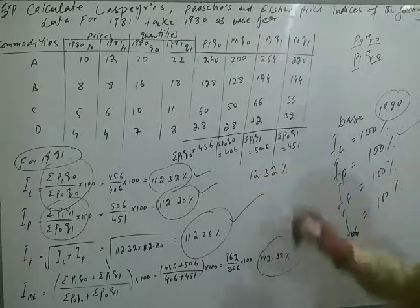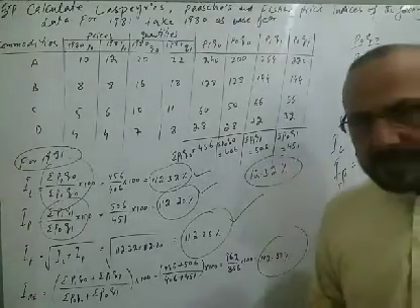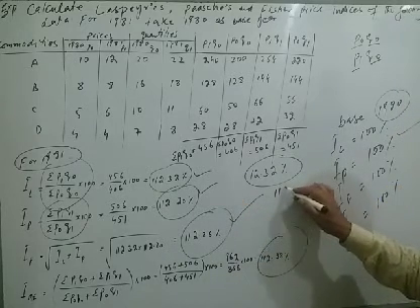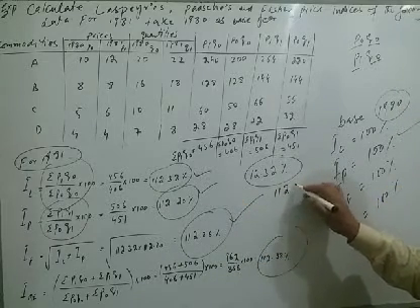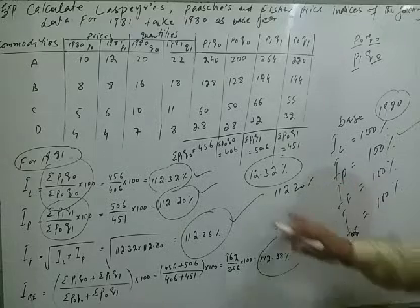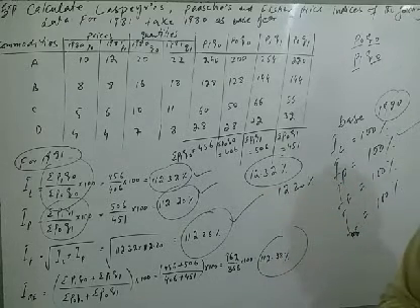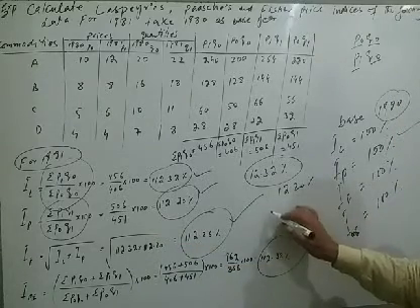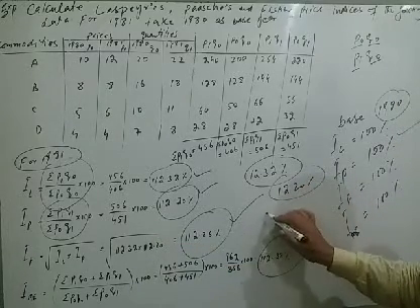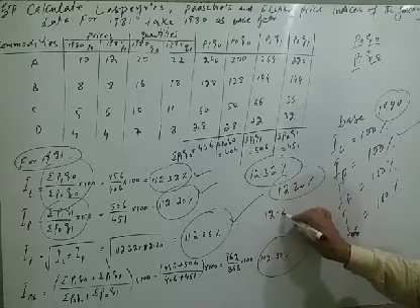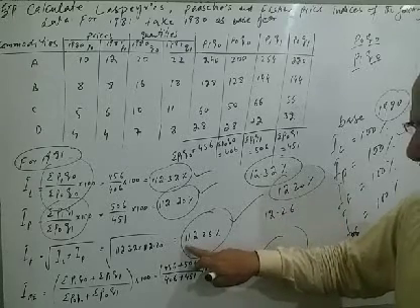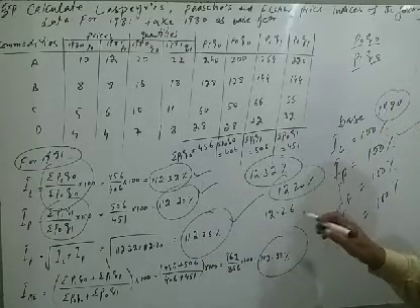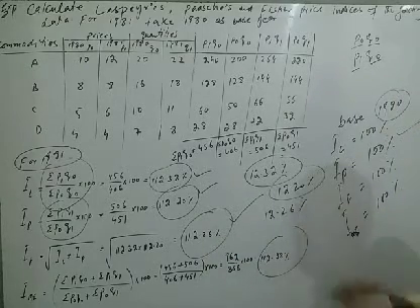So according to the Laspeyres price index, the prices increased by 12.32%. According to the Paasche price index, the prices increased by 12.20%. According to the Fisher price index, the prices increased by 12.26%, because when we subtract 100 from 112.26, it becomes 12.26%.